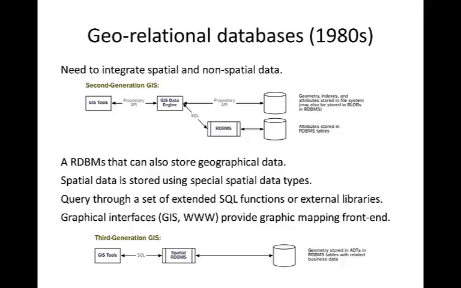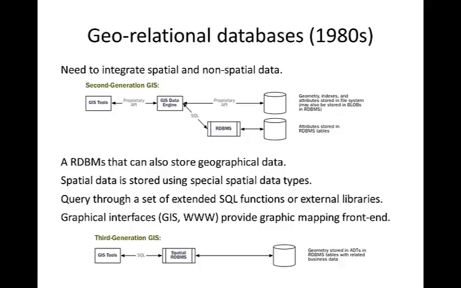So we're now approaching what we can call the third generation down the bottom here. This is all very well and good, but we've still got a separation between our spatial data and our aspatial data. We're using different languages. We're using SQL here, and some proprietary language to talk to the spatial data.